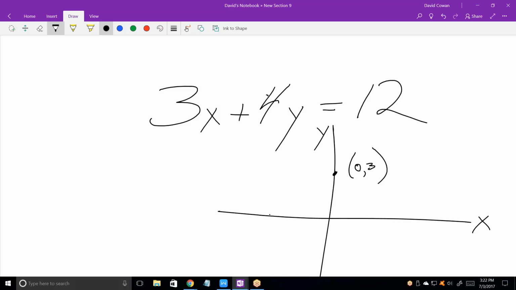And you always have to think of these things in those terms. In other words, if I have a straight line, every point on that straight line has to satisfy that equation. Now, where's the x-intercept? Where's it going to cross the x-axis? What's y equal to when it crosses the x-axis?